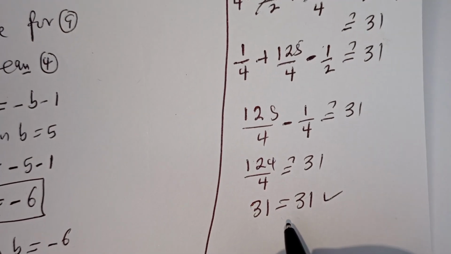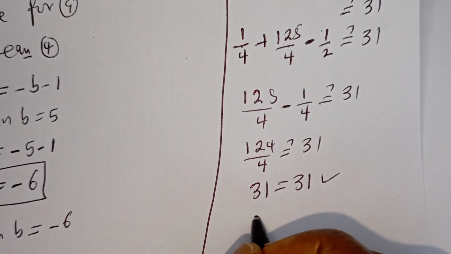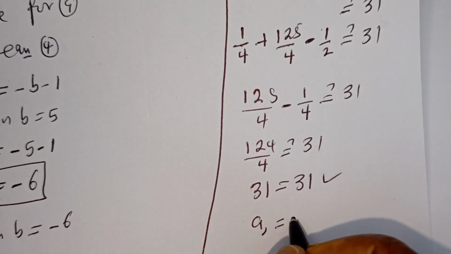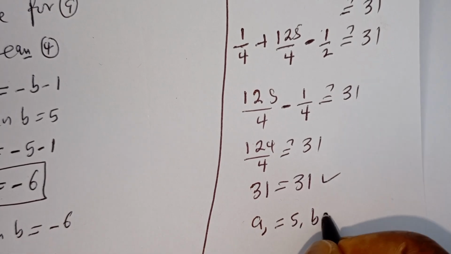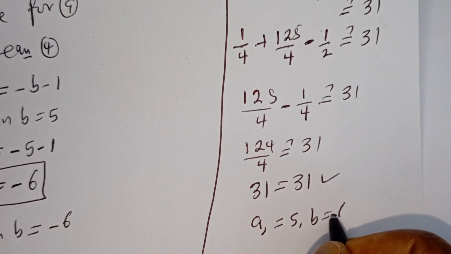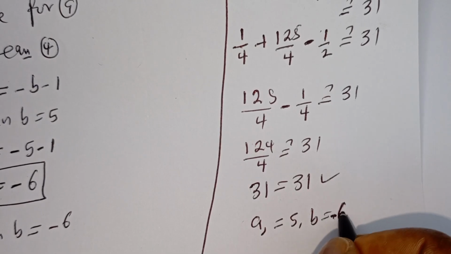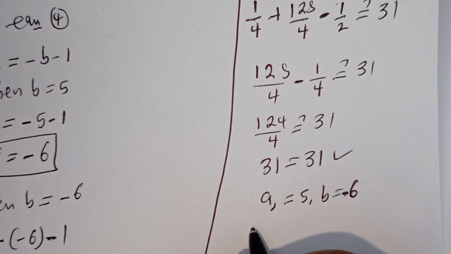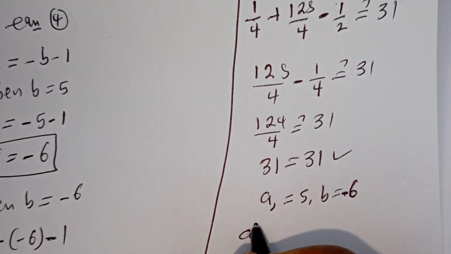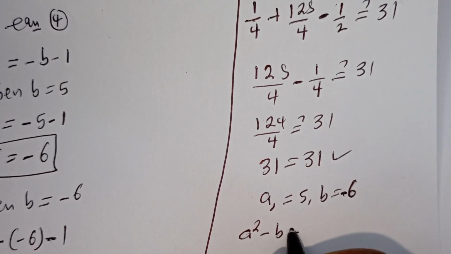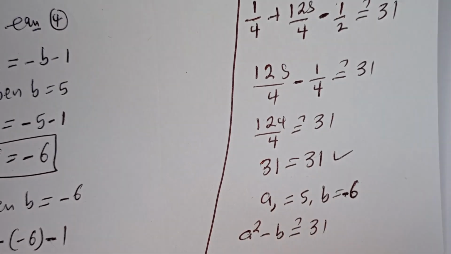Now, let's consider when a is equal to 5 and b is equal to minus 6 from the second case. Then we have a squared minus b must be equal to 31.